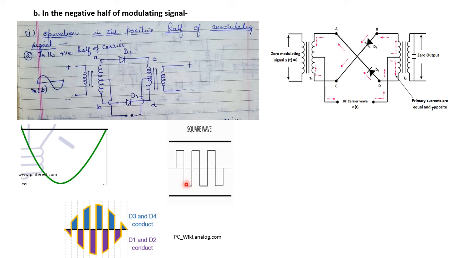Now we will deal with the negative pulse of the square wave. We know that when we are dealing with the negative pulse of the square wave, whatever voltage is applied at the input will get inverted at the output. Now we are applying the negative half of the modulating signal.